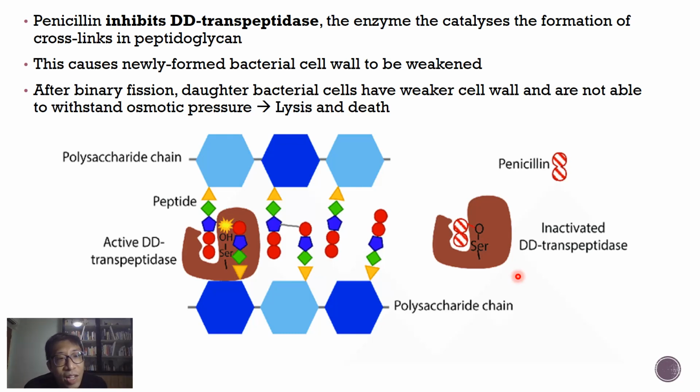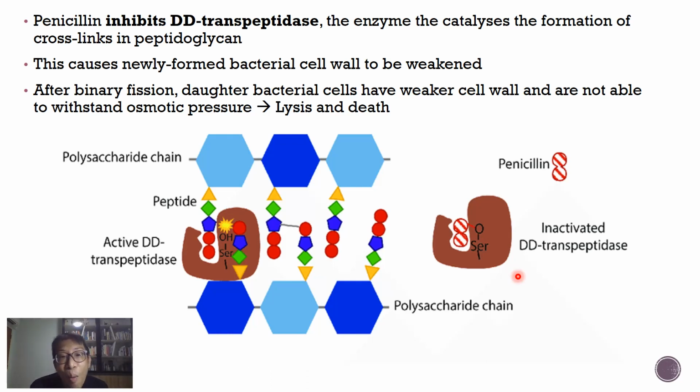and the new cell wall that is formed would be weakened. The cross linkages would already have been formed in the existing cell wall before the introduction of penicillin, so the existing cell wall is not affected so much.